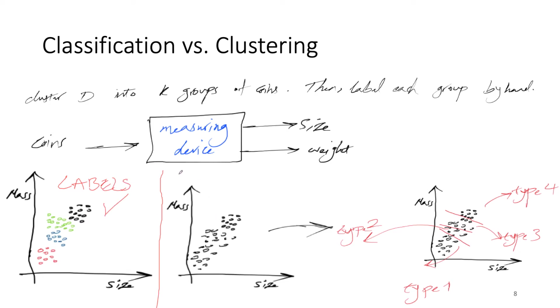But here we don't. So what we do here is gain information from the size and the mass or weight, and find a way to cluster them into groups. We could divide them into 4 groups or 3 groups. At some point, it would be messy, because we didn't know which data belonged to which group.